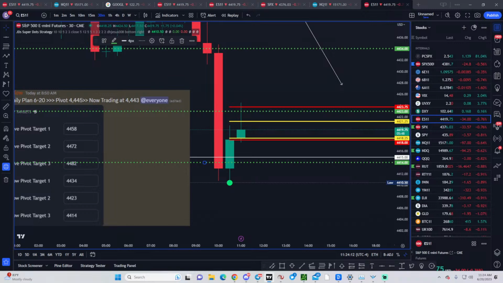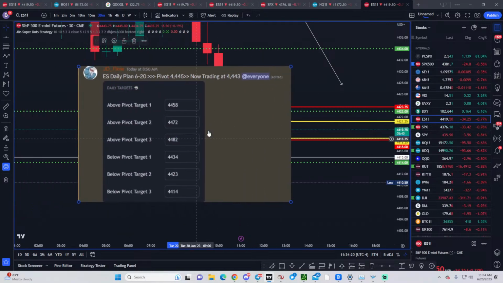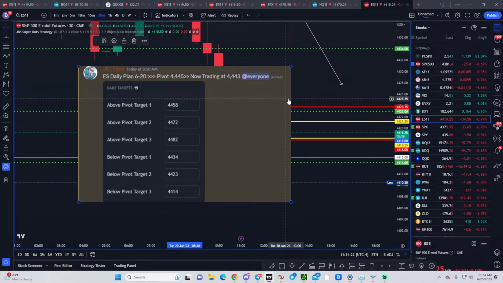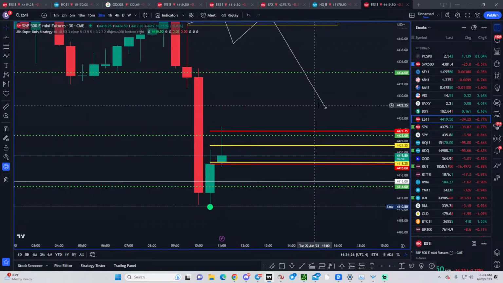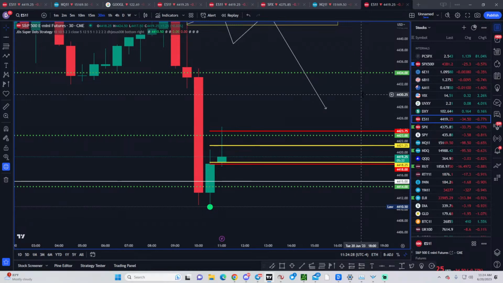So those are the levels that I provide every day for the trade plan. As you can see in here, the levels are clearly posted every single day for the ES and the NQ. So you see those levels here, and the most important thing is that we follow what we see here.